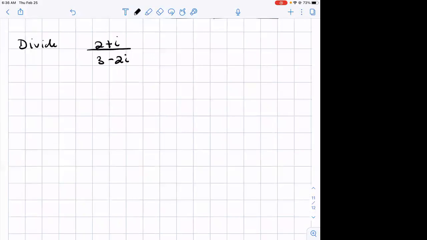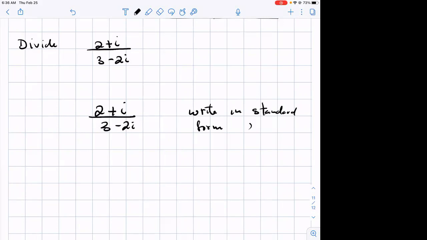So try to write 2 plus i over 3 minus 2i in standard form, which is a plus bi, the real and the imaginary.